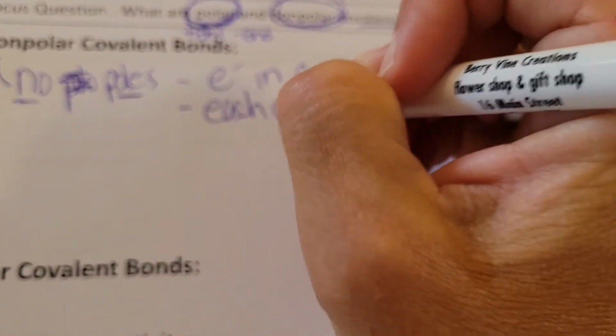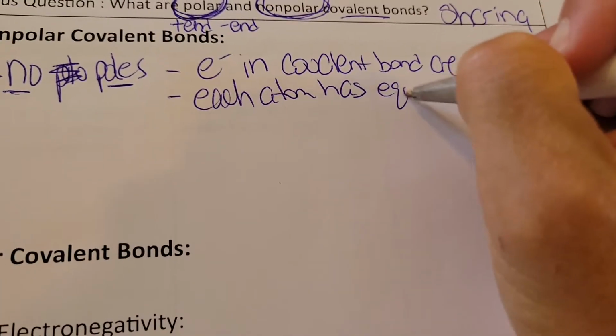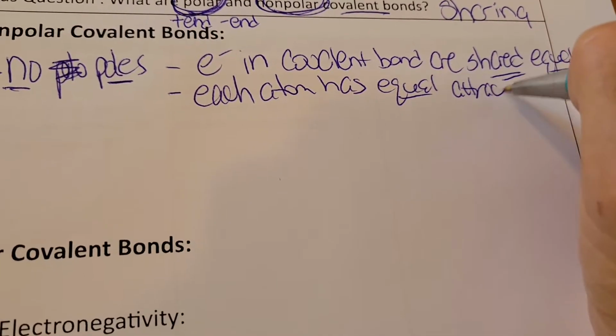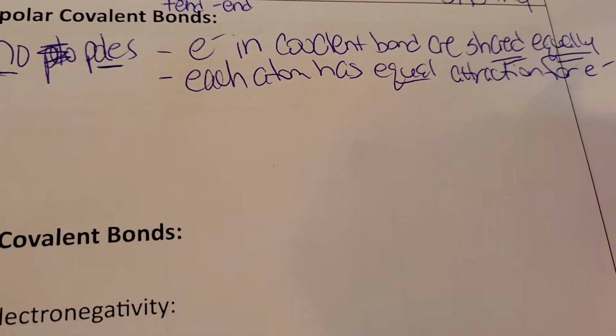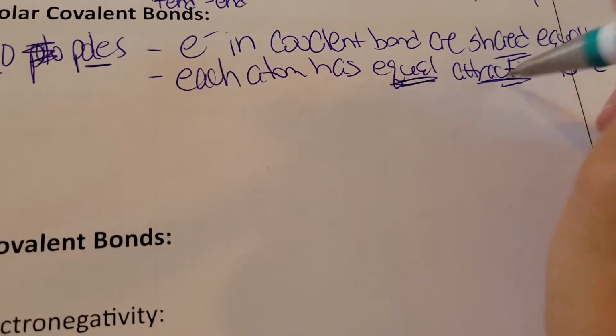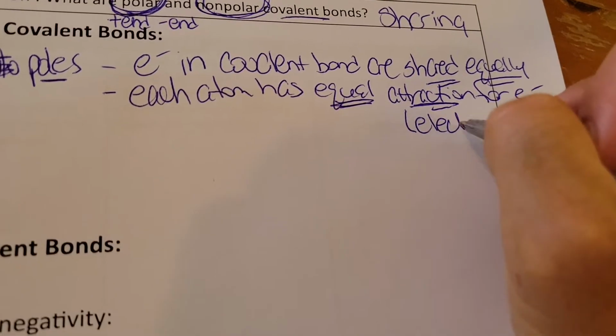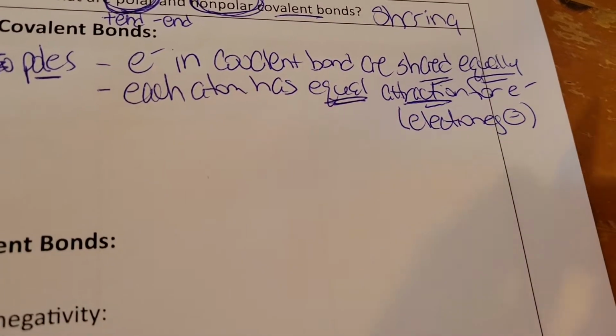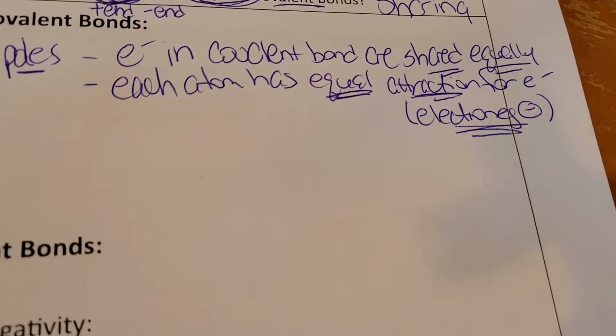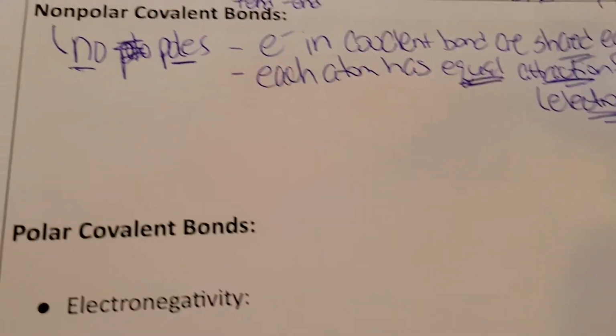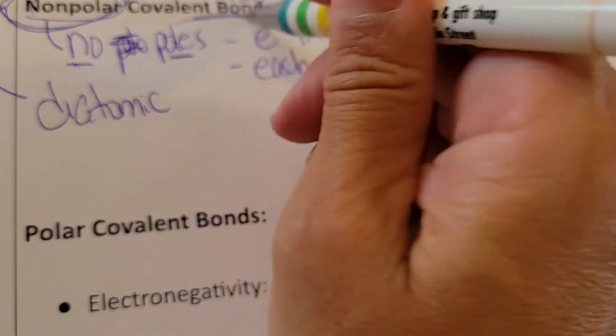Each atom has an equal attraction for electrons. One atom is not any sexier than the other. When we're talking about attraction for electrons, remember that's electronegativity, the value that we look up on the table. The only atoms that are truly nonpolar are the ones that are diatomic. Those are really the only true nonpolar covalent bonds.